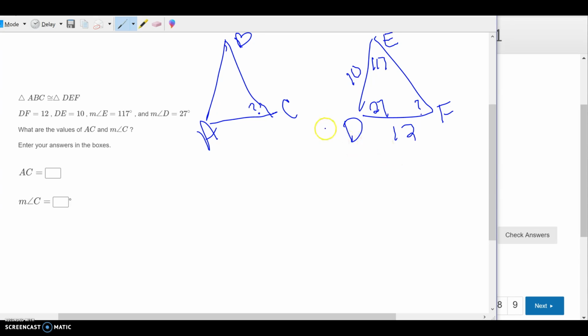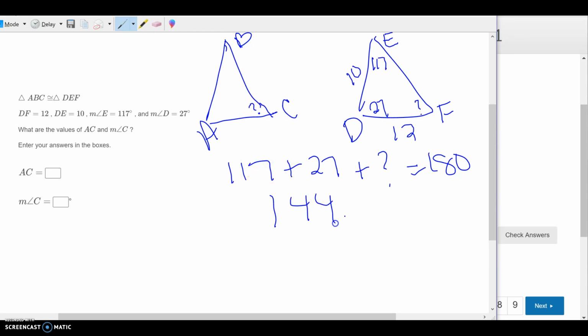So triangle sum theorem, we can do 117 plus 27 plus our unknown angle equals 180. 117 plus 27 equals 144.